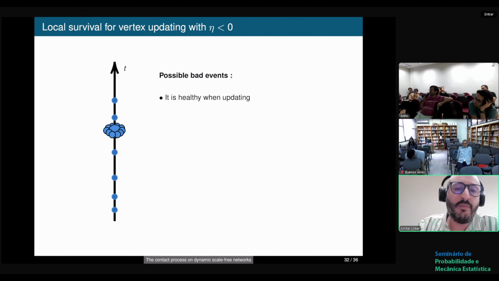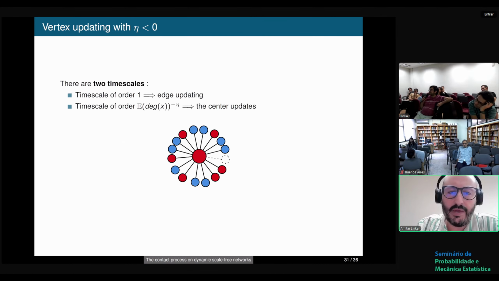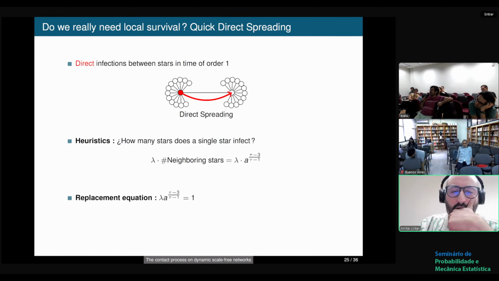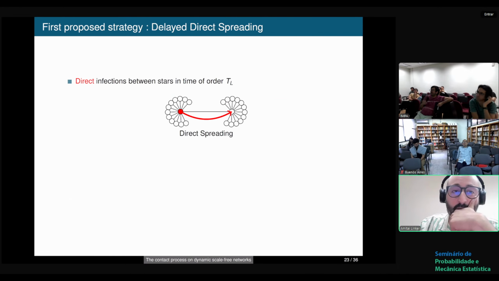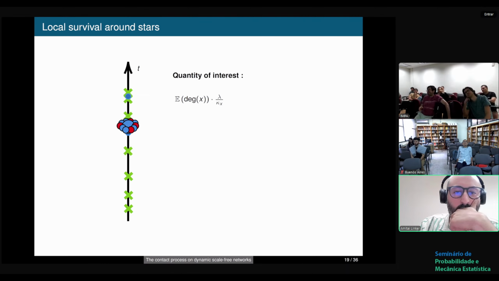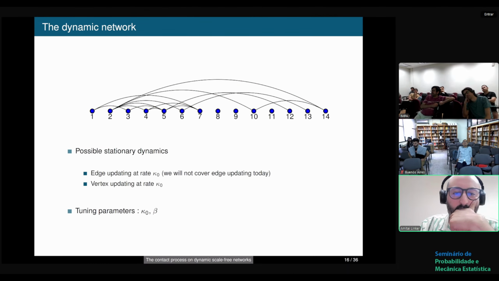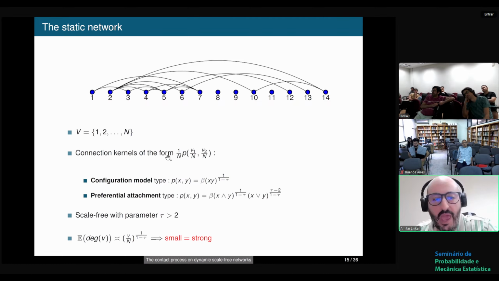We haven't proved it, but I think that it does. Let me go back to the definition of the model. In the definition of the model, every single pair of vertices is connected with this probability.